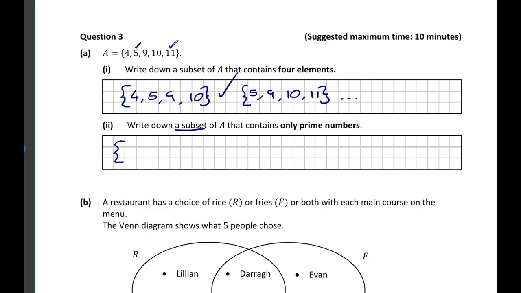So you could just have 5 like that, which is totally fine. You could have 11. It doesn't say all the prime numbers, you know what I mean, that are in it. Or you could have 5 and 11. So these are also fine. But it says a subset, so you only need one of these.